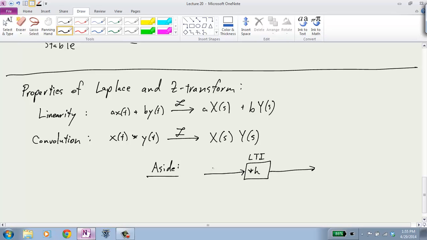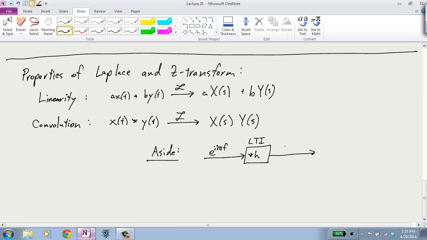Now, before, when we were looking at the Fourier transform, we already did this case. We said if e to the i 2 pi f t goes into an LTI system, we could evaluate what comes out. We've done this in previous lectures. We could do it straight from the convolution integral. We could do it from all sorts of properties we know. And we know that we get H of f times e to the i 2 pi f t, where this is the Fourier transform.